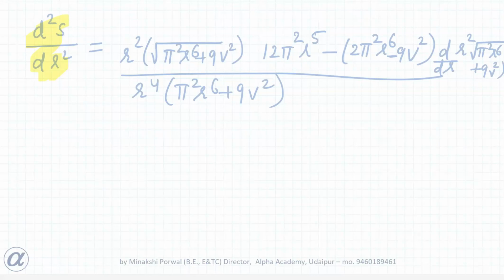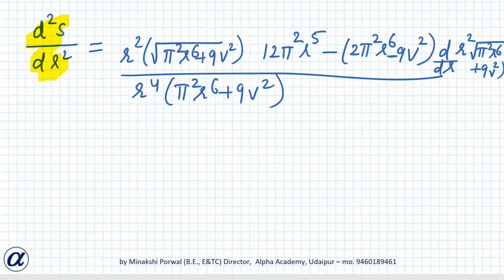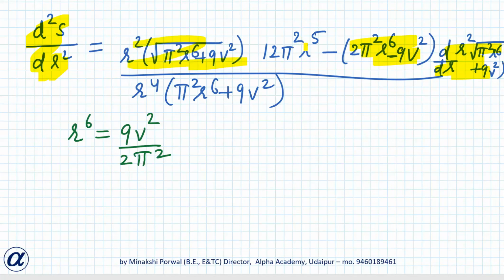When we substitute this, the numerator term will become 0, so we are not calculating it. Now, if we substitute r to the power 6 as this, there is no possibility of anything being negative here.